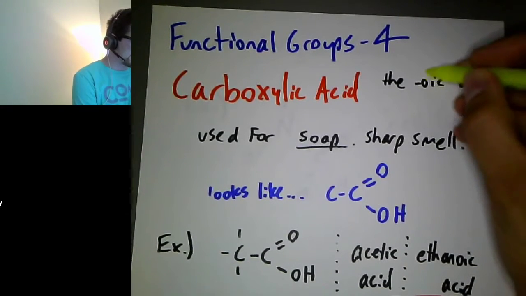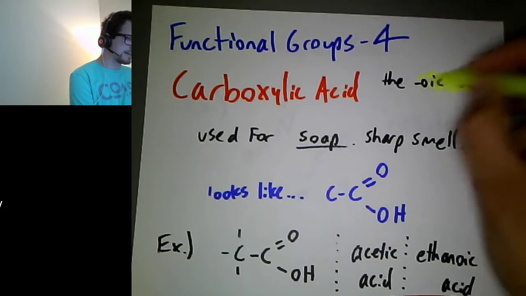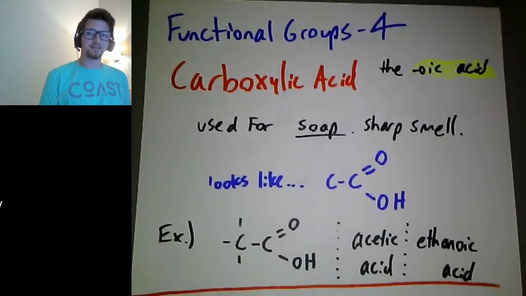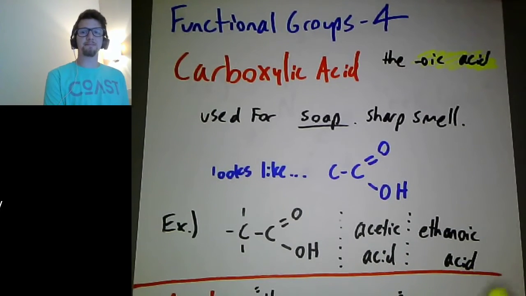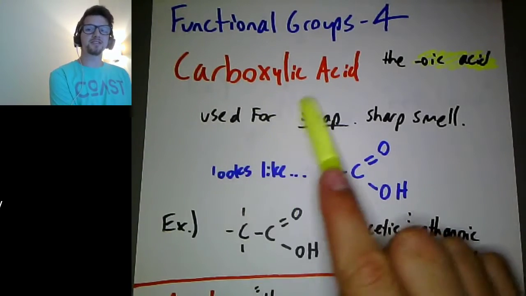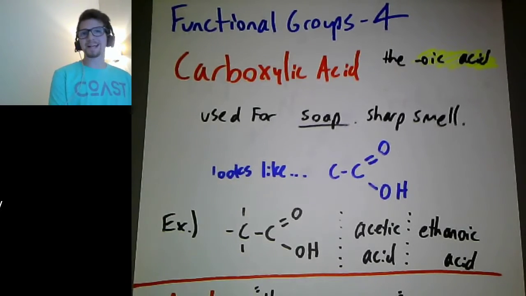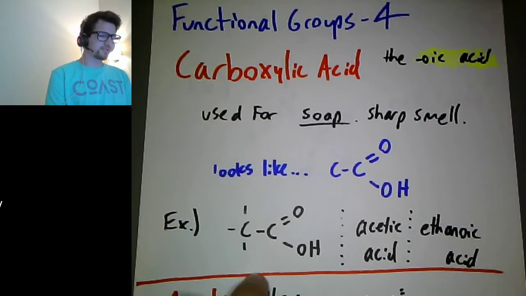So oic acid is what we tag onto the end of one of these in the name. These are generally used in soaps. They smell really awful and unpleasant. Usually really strong, really awful smells. And they're really waxy too. So they're used for some things like that.